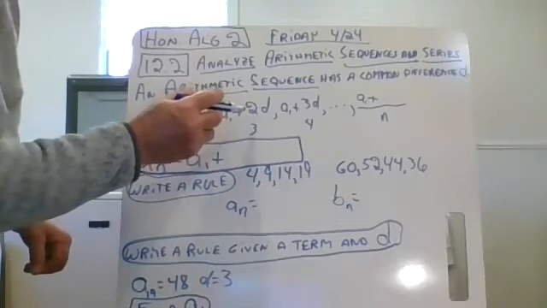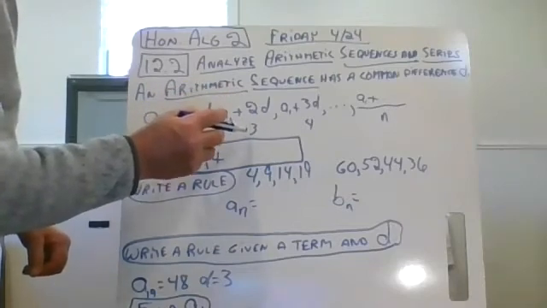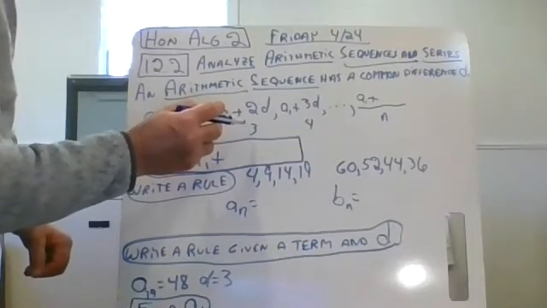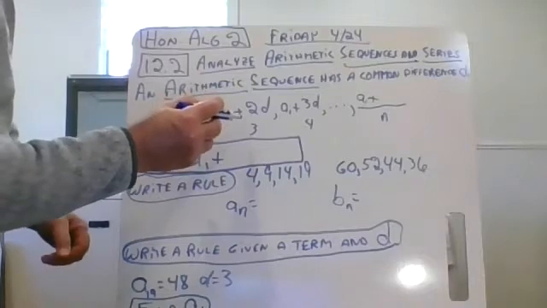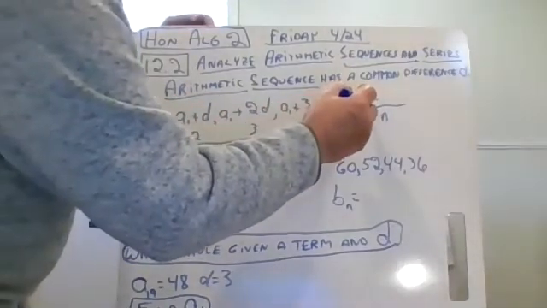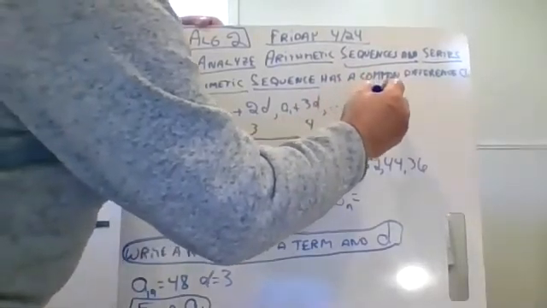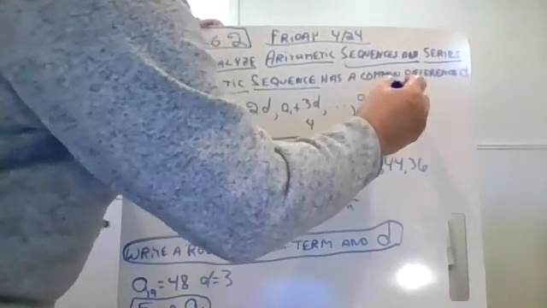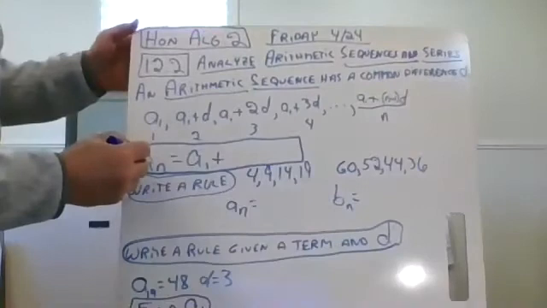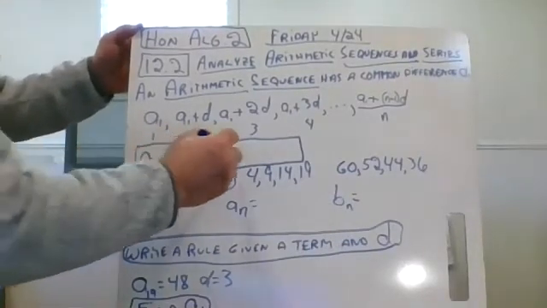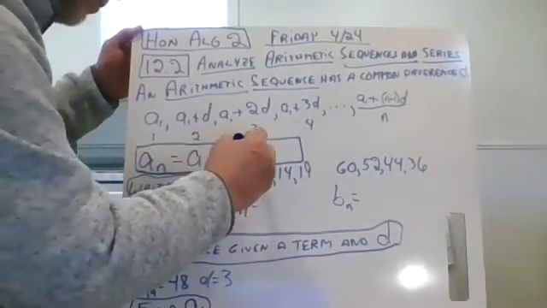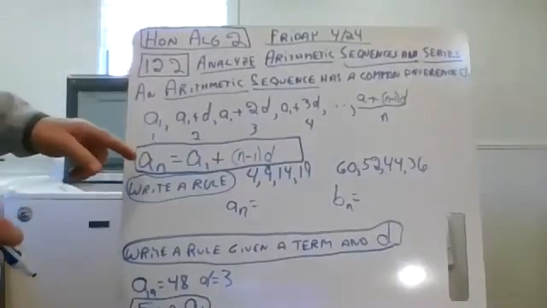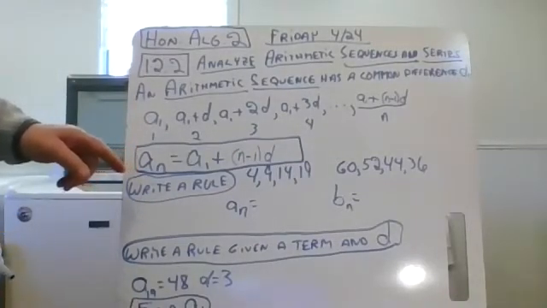So what's the connection between the d and the numbered term? It's n minus 1 times d. All right, it's one less, isn't it? So that would be n minus 1. And so what you get is a sub 1 plus n minus 1 d. And that is the formula: a sub n equals a sub 1 plus n minus 1 times d. That's the formula for an arithmetic sequence.